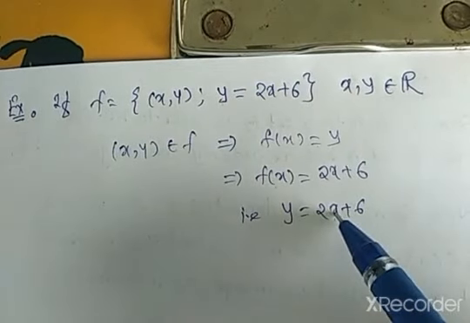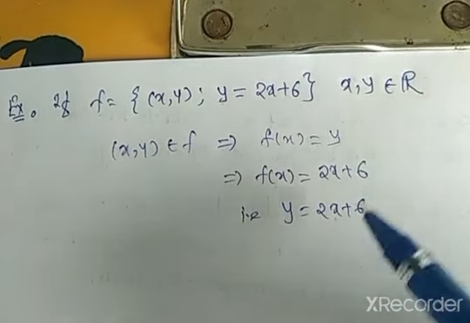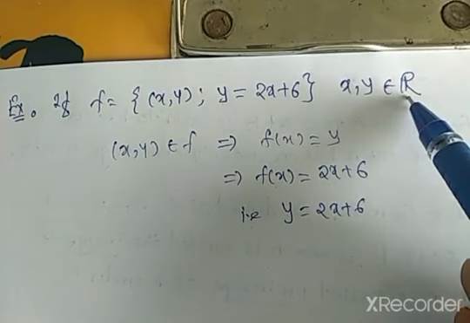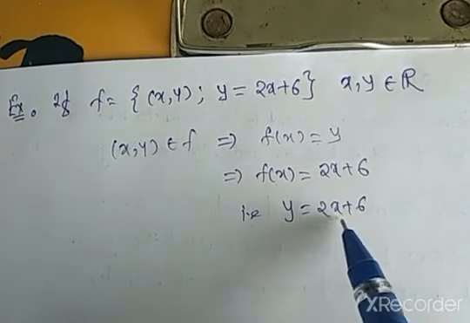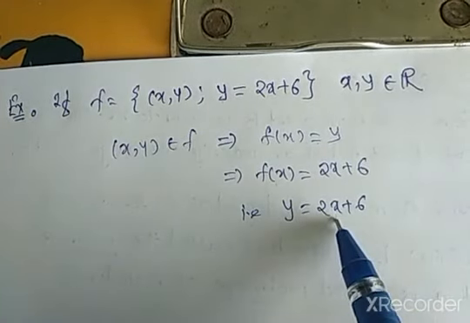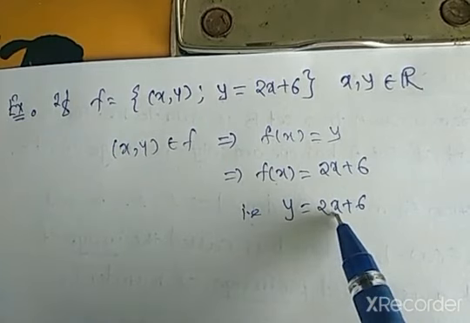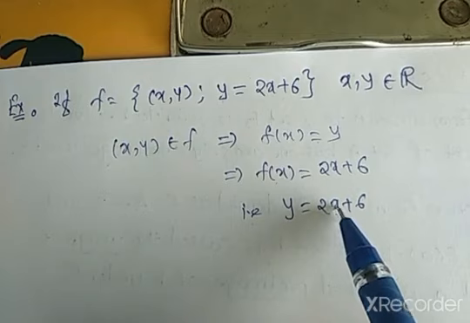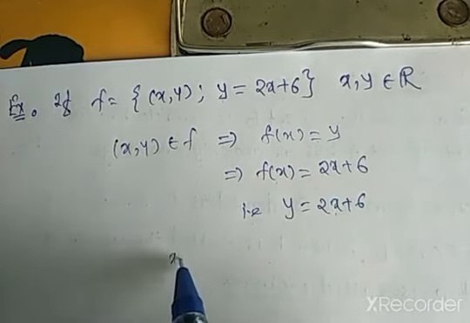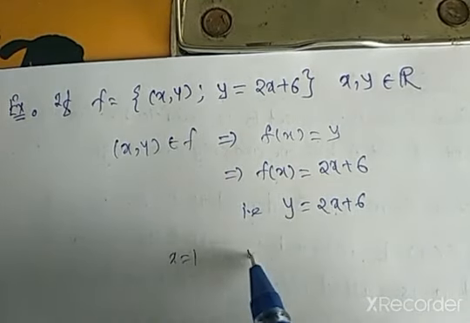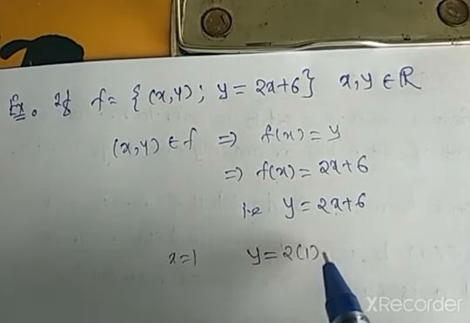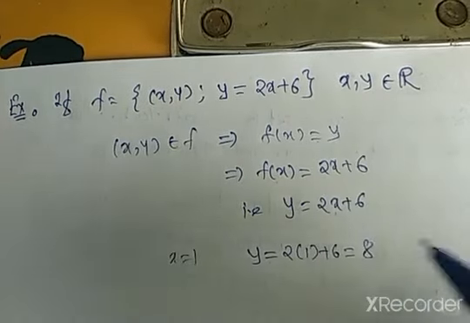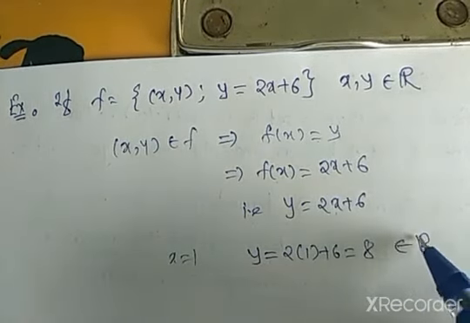If we substitute x as a real number, it should belong to R. Here x is any real number. For example, if we take x equal to 1, we get y equal to 2 into 1 plus 6, which is equal to 8, which is a real number in R.